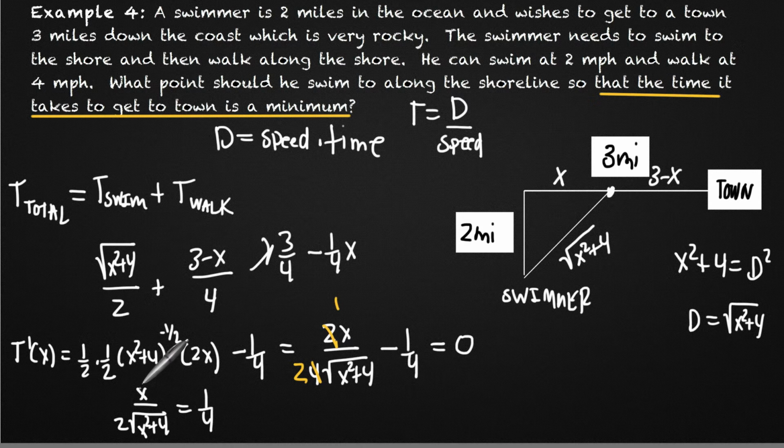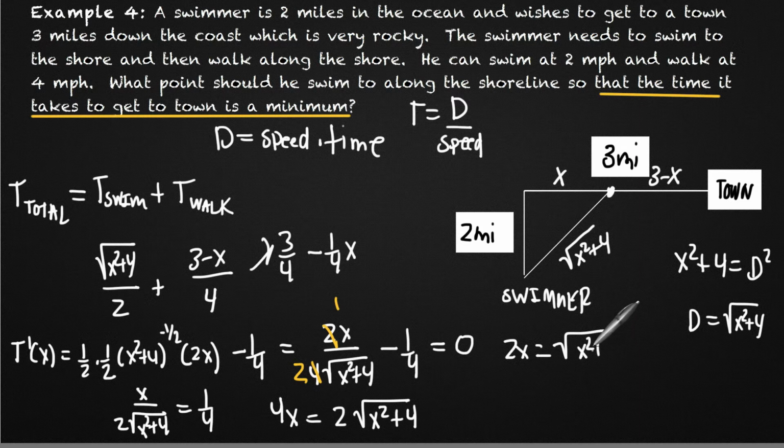So now I'm going to cross multiply, and I get 4x equals 2 square root of x squared plus 4. And then I divide both sides by 2, so I get 2x is equal to the square root of x squared plus 4.